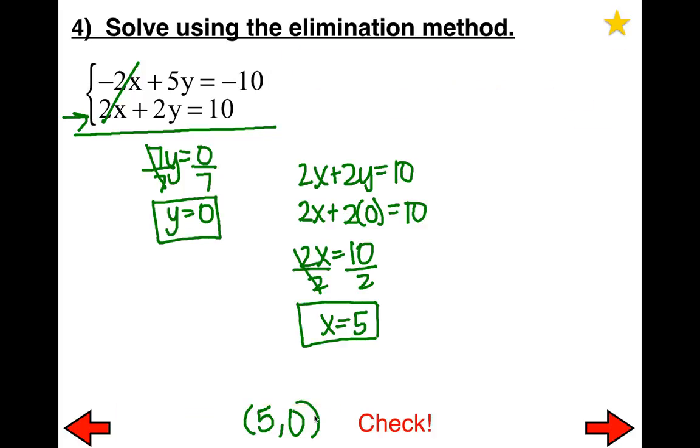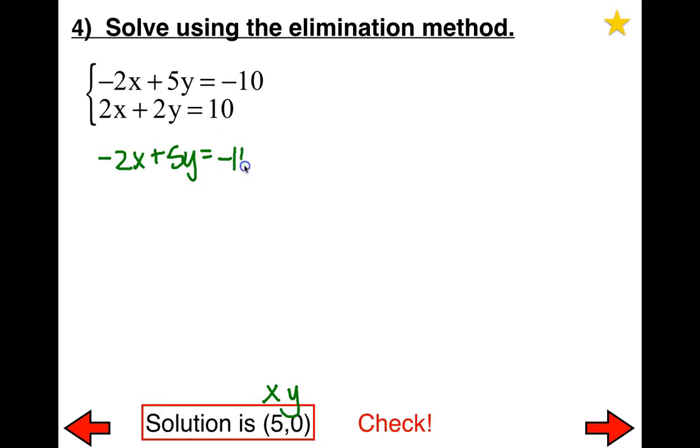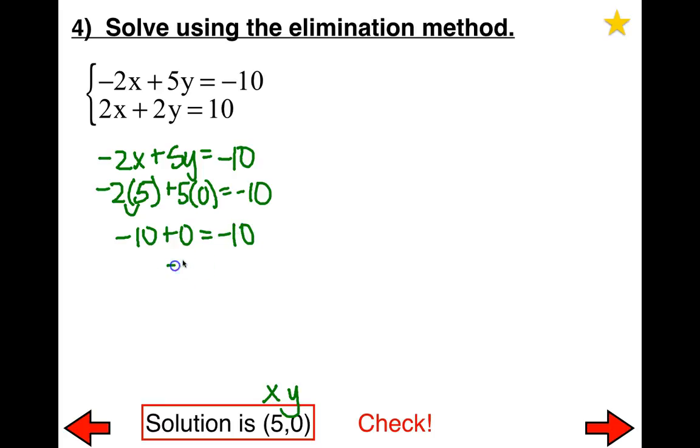Okay, so let's go ahead and check the work. In this case, my x's are 5s, my y's are 0. So here I'm going to have negative 2x plus 5y equals negative 10. I'm simply going to go ahead and plug in a 5 for x, which goes here. And for y, I'm going to plug in a 0. So I'm going to be left with negative 10 plus 0 equals negative 10. This is totally true.